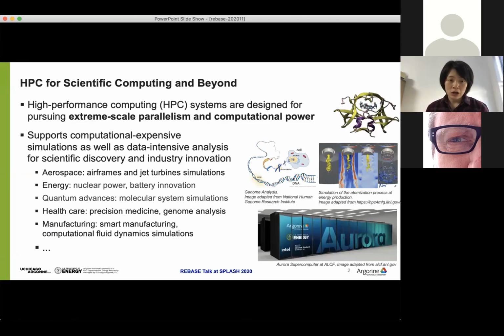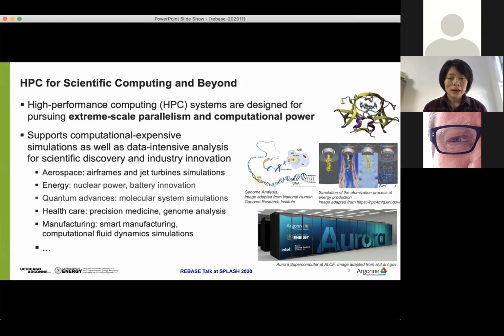The goal of HPC system design is to provide extreme scale parallelism and extremely powerful computational power, because the computation requirements in scientific applications are truly intensive. Those cannot be done on your PC laptop, of course. They cannot be done efficiently on the cloud, for example. So that's why we design special hardware for that.